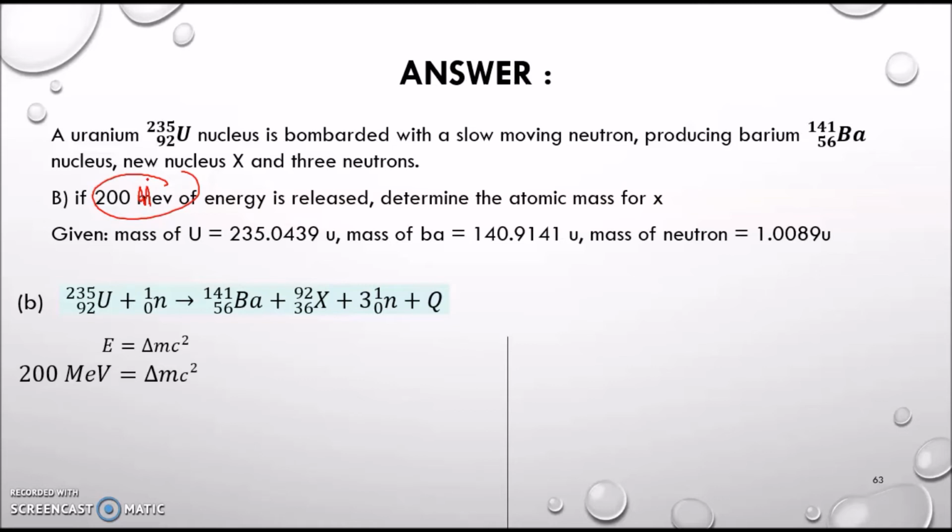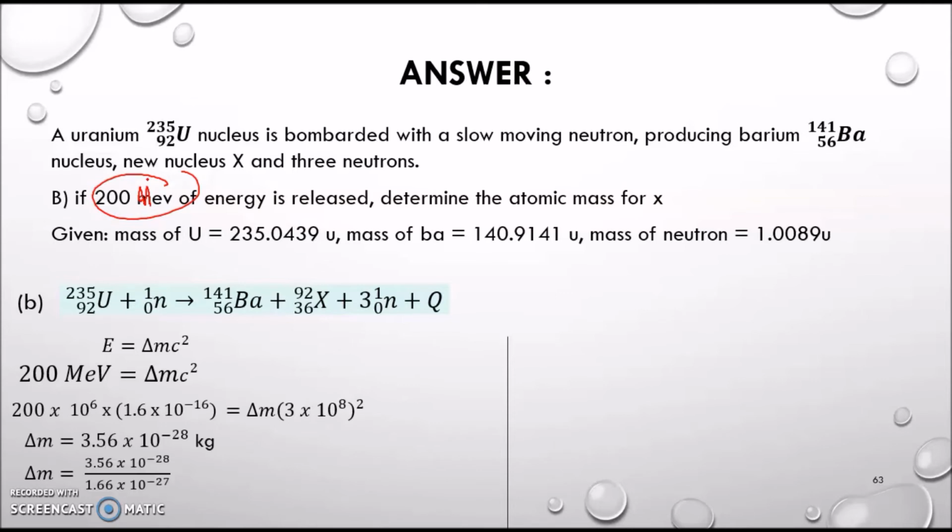So 200 mega electron volt equal to delta m c square. We don't have the value of delta m yet. Substitute the speed of light, you will get delta m equal to 3.56 times 10 to the power of negative 28 kilogram. Convert into unit U, 0.2142 U. From this value, we can find the atomic mass for element X or krypton by using this equation.